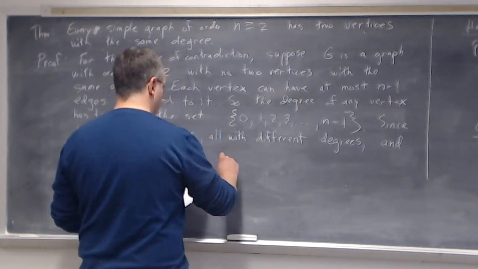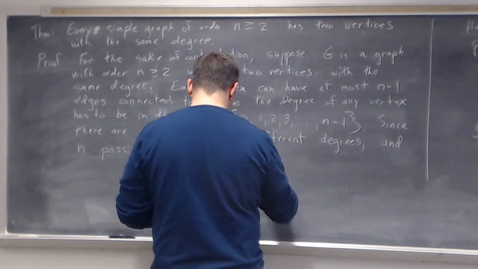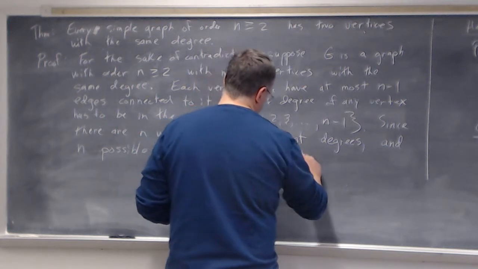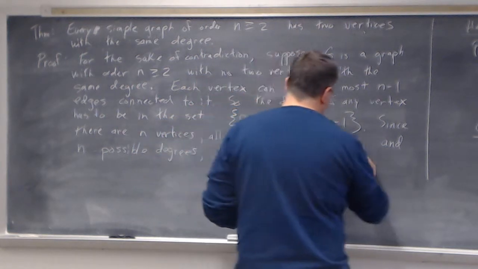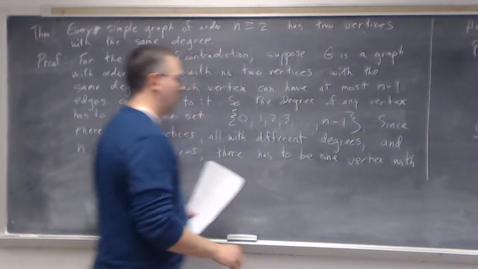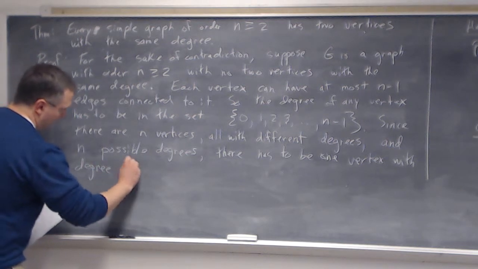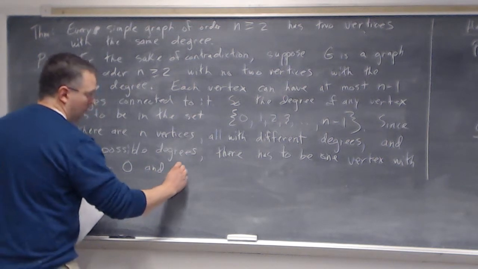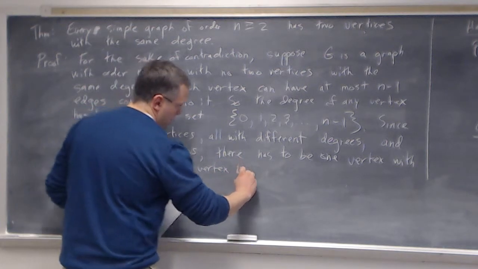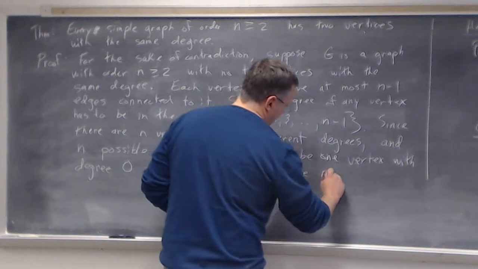Then there has to be one vertex with degree 0 and one vertex with degree n minus 1.